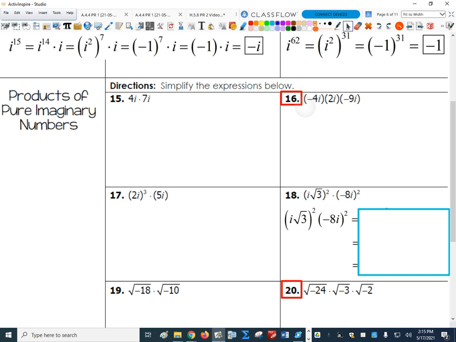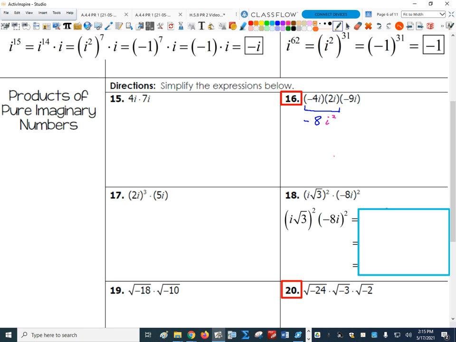So what if I multiply these two together first? When you're multiplying imaginary numbers, you just treat the i like a variable, just like an x. So what is -4i times 2i? -8i squared, right? So I get -8 times i squared. Okay, but here's where we have to stop treating it like a variable, because i squared is different than x squared, right? What is i squared equal to? -1.